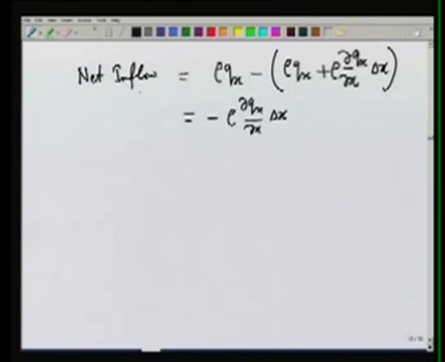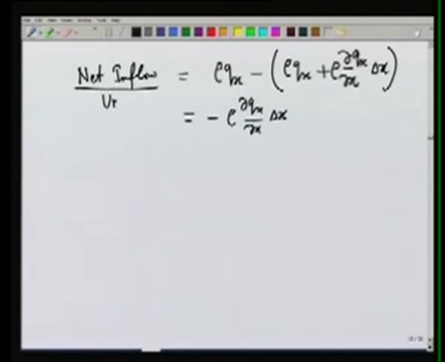Now this is the mass flux rate per unit area, so we have to multiply it by the area. So we can say the net inflow per unit area is given by this, and therefore the inflow in the x direction.